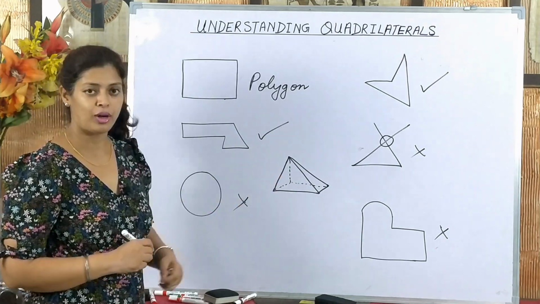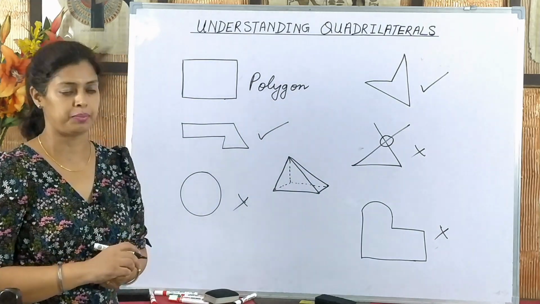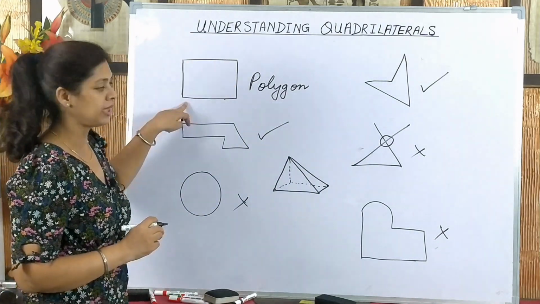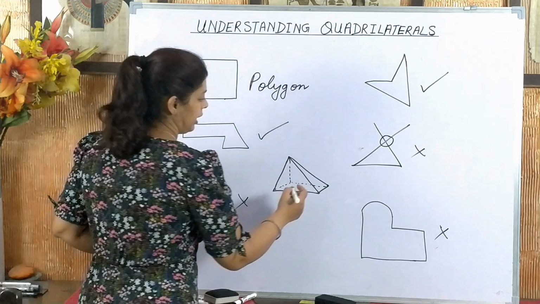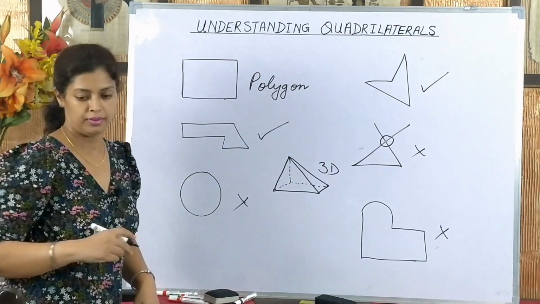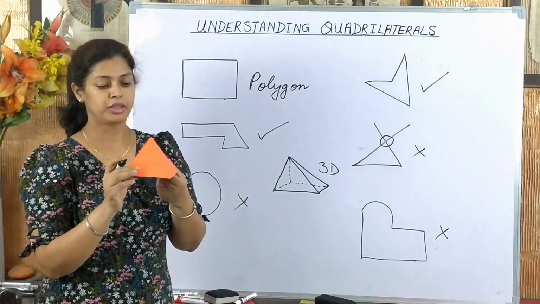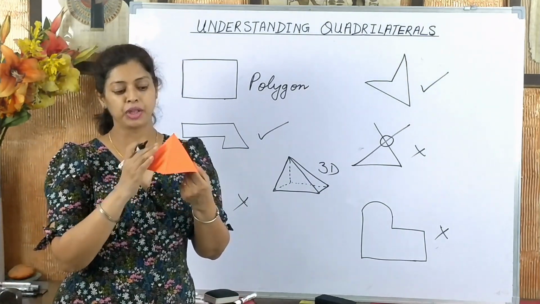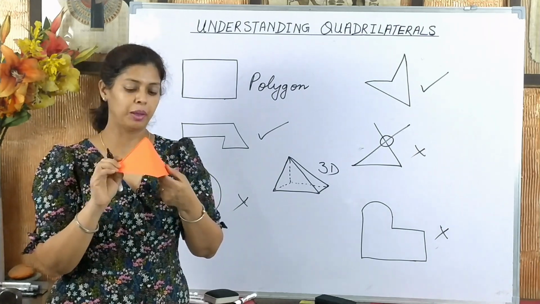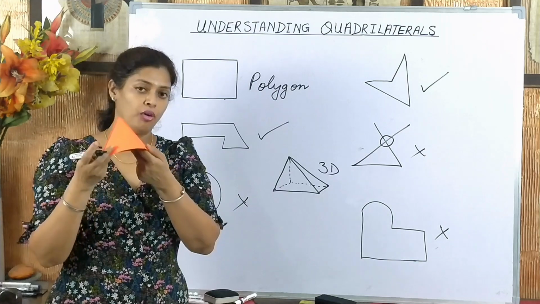Well, this is also not a polygon, because polygons are 2D or 2-dimensional shapes. All the vertices lie in the same plane. In this case this is a 3D or three-dimensional shape. This is a triangular pyramid. So if you see, the individual faces of this pyramid are polygons, but as a whole this is not a polygon because it has volume in it.